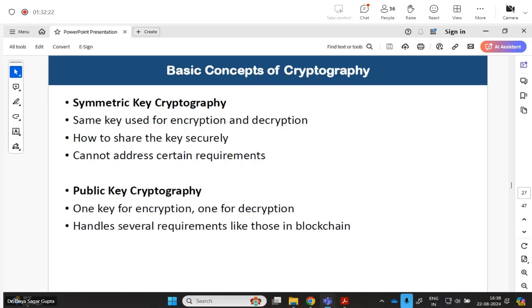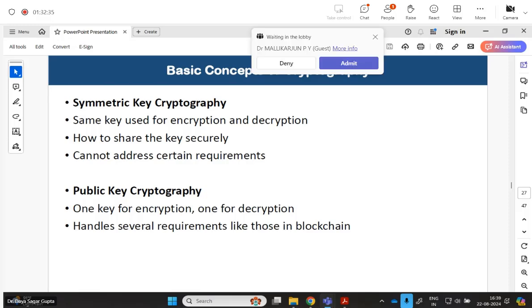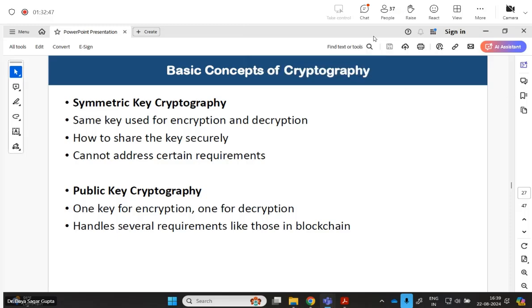If you need a communication to be established, the key is with the sender as well as the receiver. So the question is how to share this key. I'm sitting here and you are sitting somewhere else. If I want to send some message to you, I need to create a key first and then send the key to you. So sending the key is again a task. This key can be compromised.